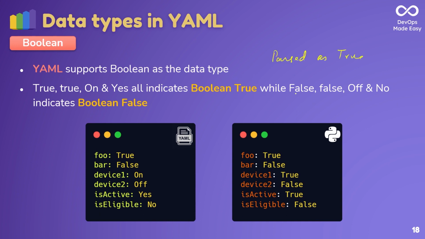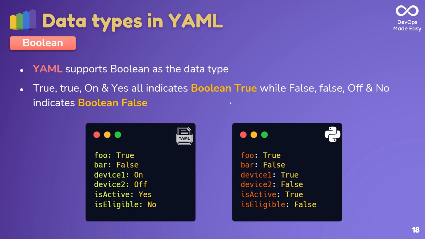Similarly, false, off, no indicate Boolean false. So I can use capital false, small f false, off with capital O, small off with small o, no with capital N, no with small n, all indicate the same thing, which is false.